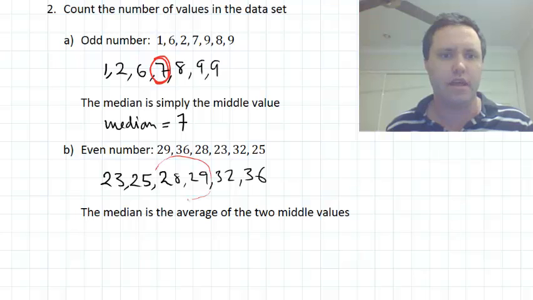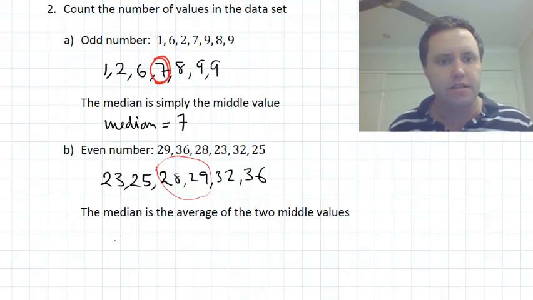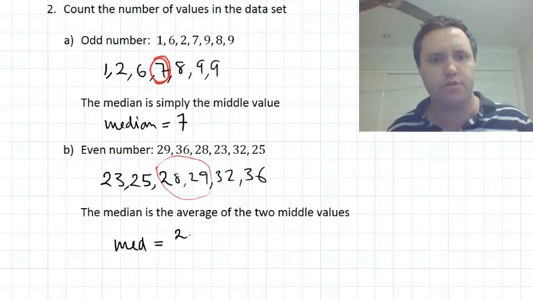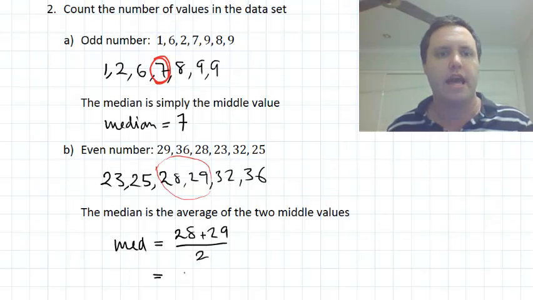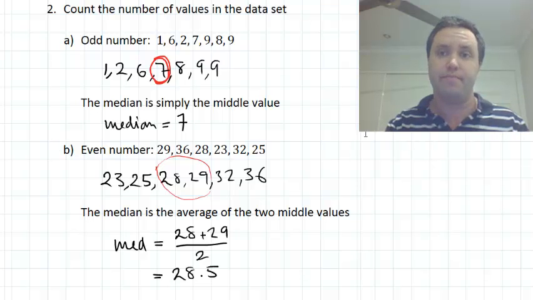So here are our two middle values, 28 and 29. Remember, to find the average, we add them and divide by the number that there are. So the median is equal to 28 plus 29, there's two of them, divided by 2, and it is 28.5. So that's how we find our median for our two different cases.